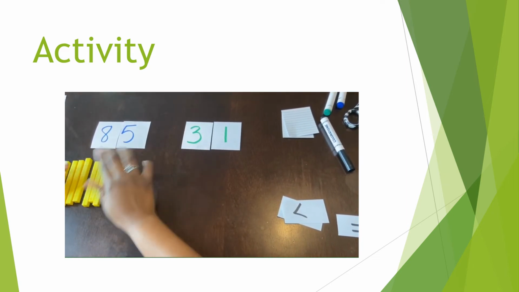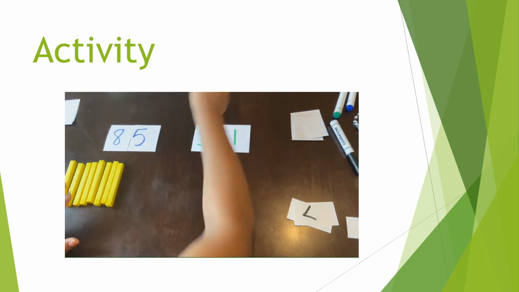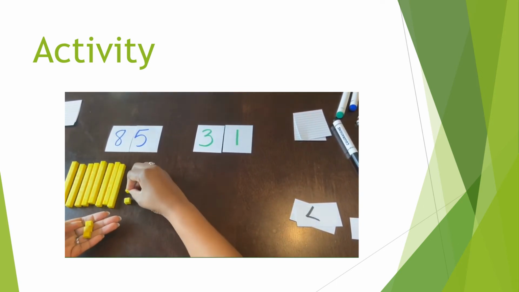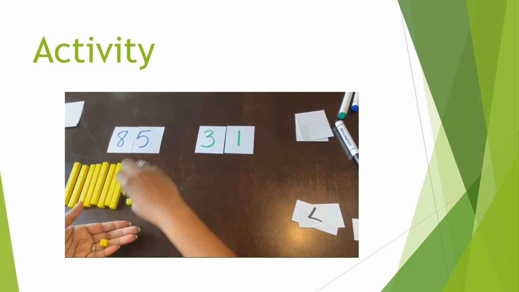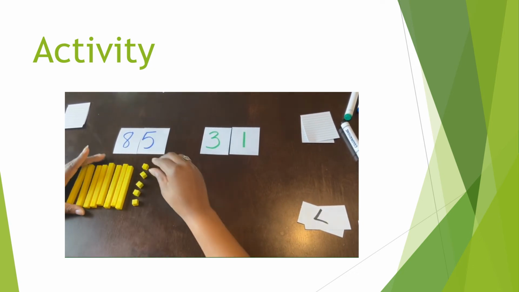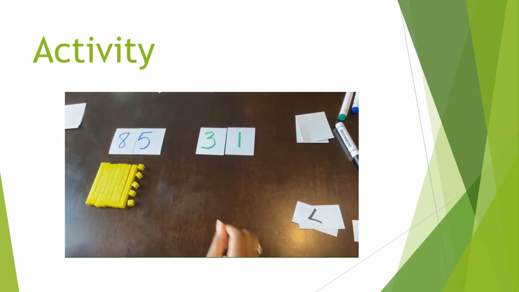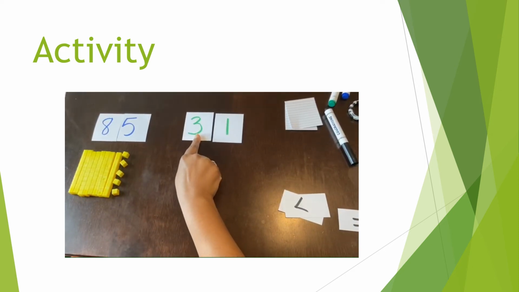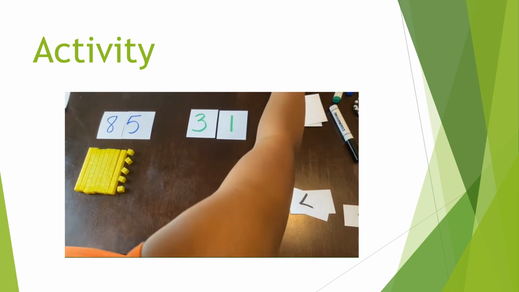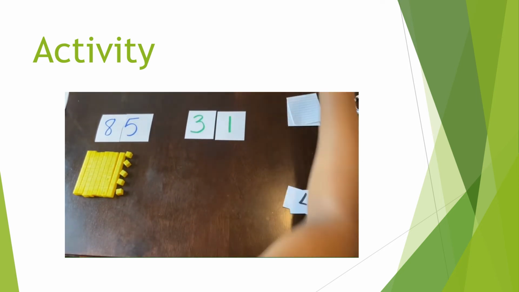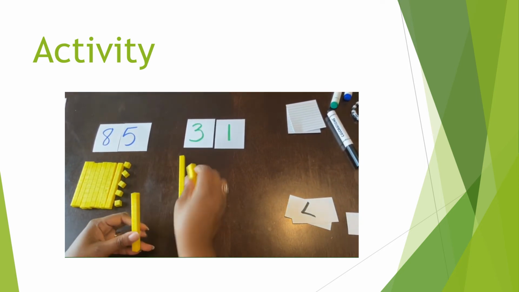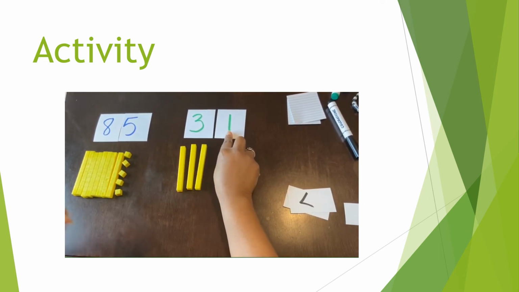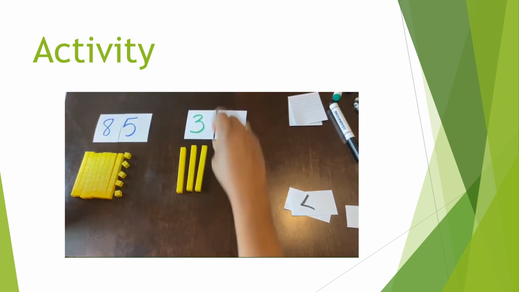I have 80, and now I need 5 ones, 1, 2, 3, 4, 5. So I have 85. Then we have the number 31, which has 3 10s, so we need 3 rods for that. And there's 1 in the ones place, so we need 1 unit block.